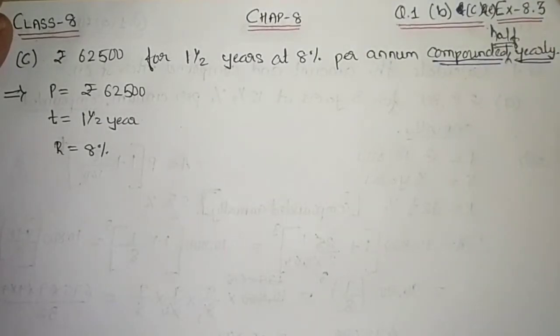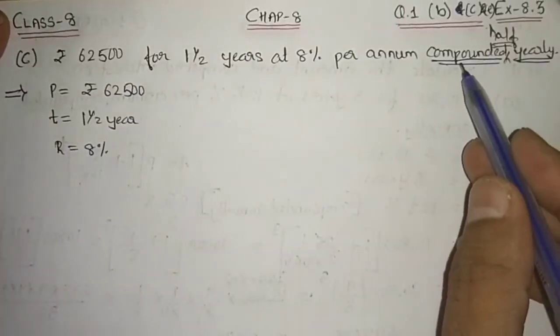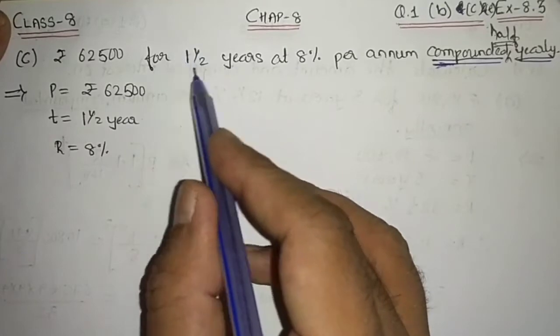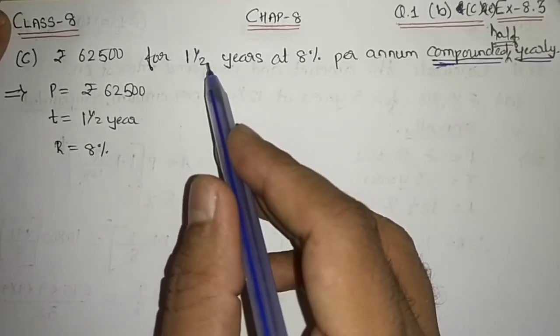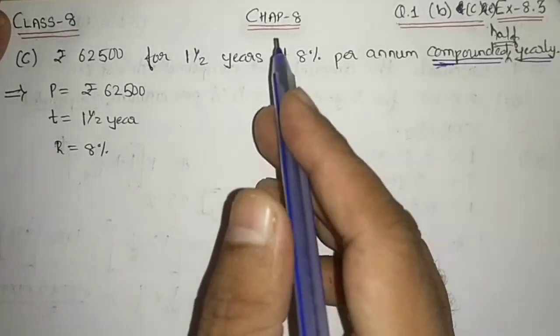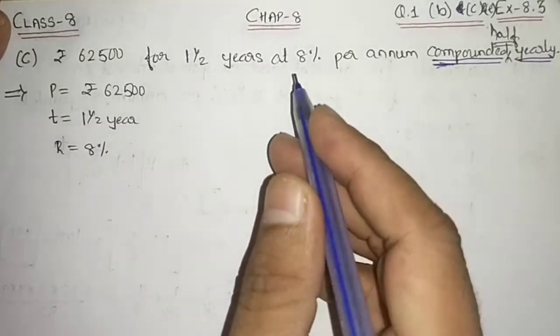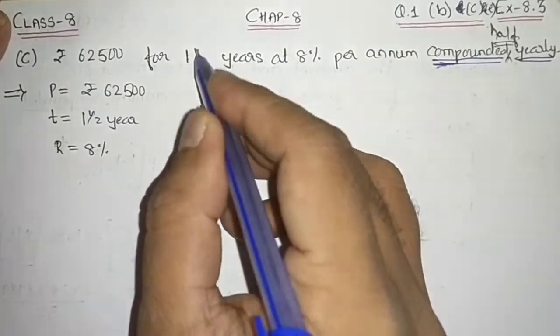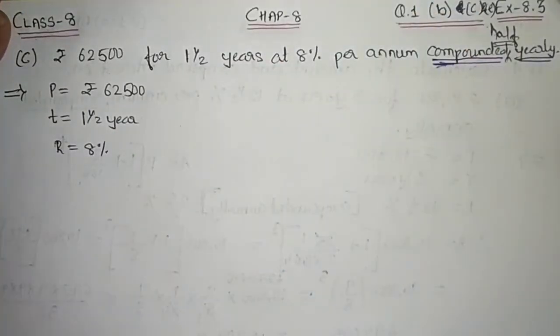Students, as I have told, if they have told you compounded yearly and they have given you the time period in mixed fraction, that is 1.5 years, 2.5 years, then you are supposed to calculate the amount of the whole number part and the simple interest of the fraction part.